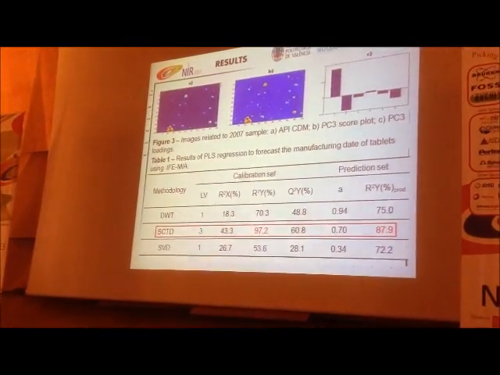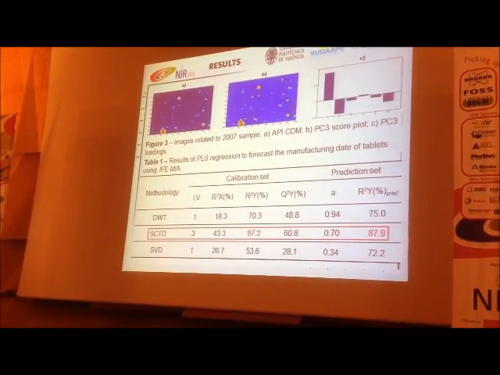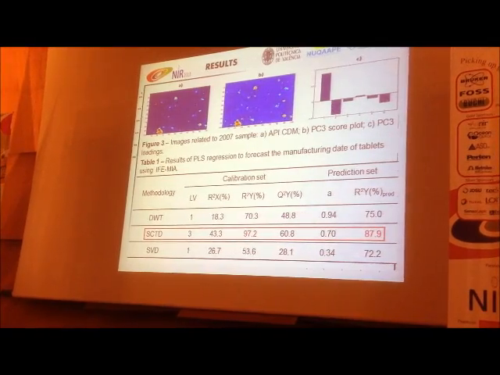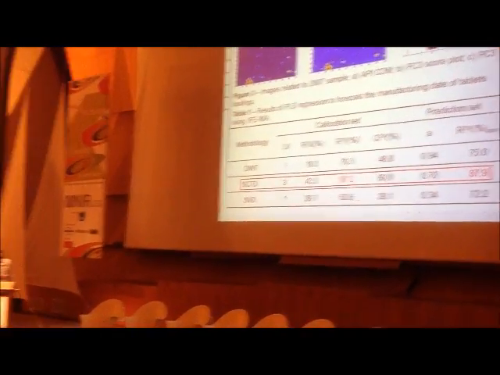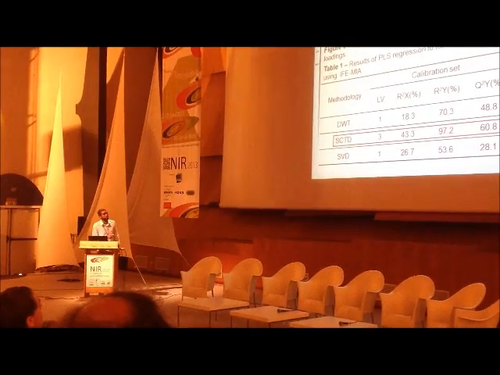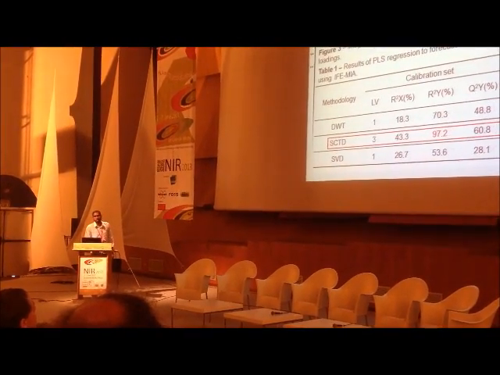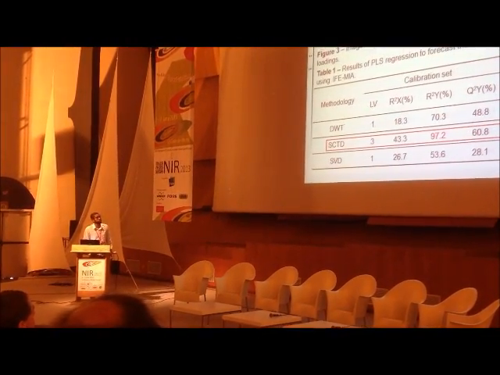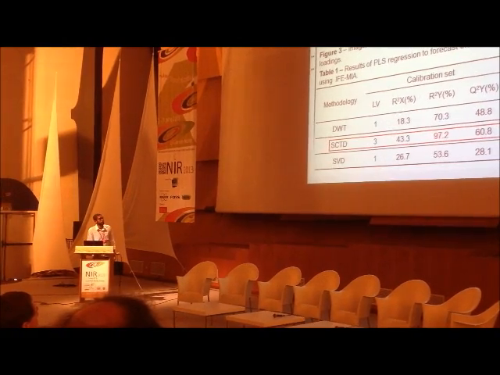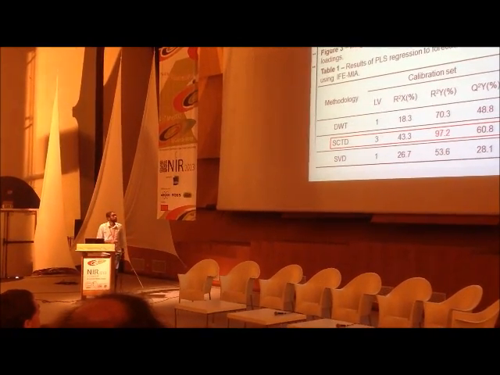As a result of the multivariate image analysis, in the third component, we can see the presence of the API on one side and, on the opposite side, the degradation product.